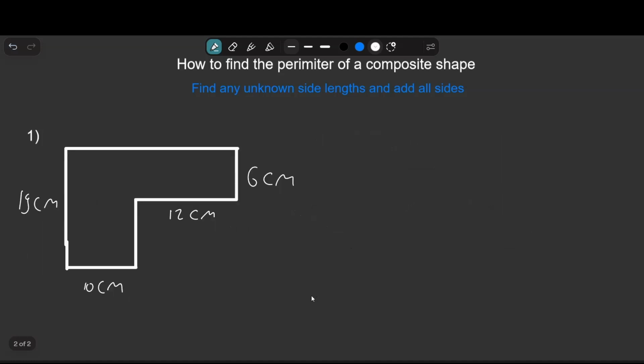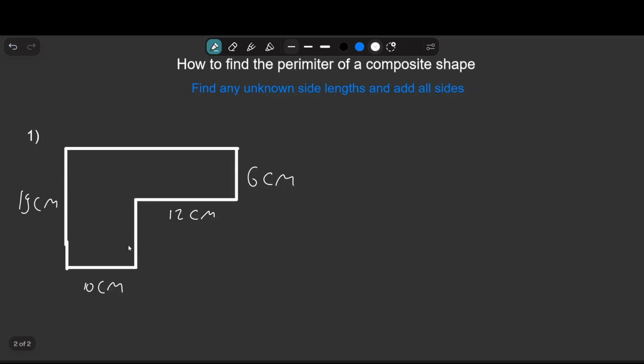So okay, the second example. As you can see, I've drawn another one, and the lengths are different. It's a bit harder because they are bigger numbers, but we'll get through it. So as we can see, we have 6, 12, 10, and 19 centimeters. But now we have to know what this one and this one is. So let's start with this one, because this one is easier.